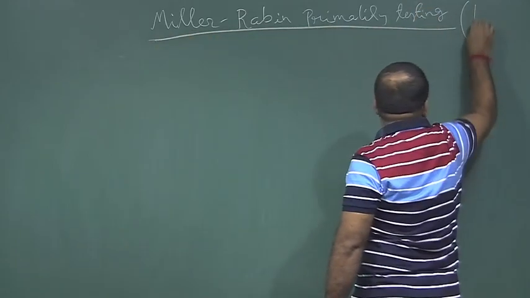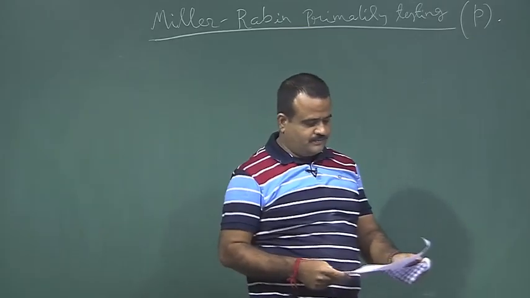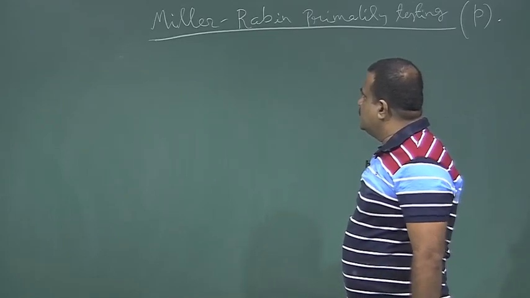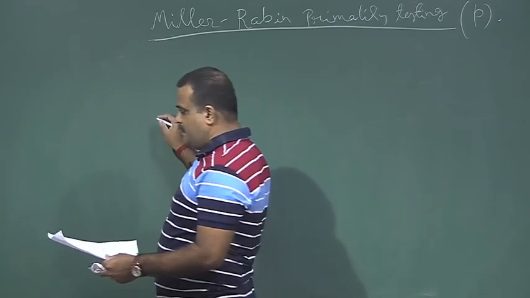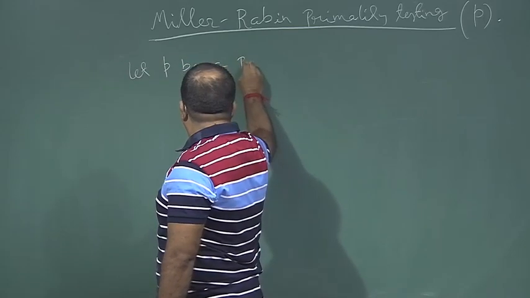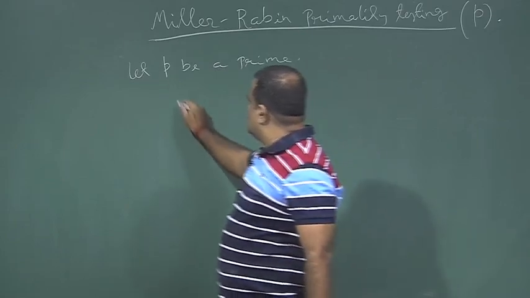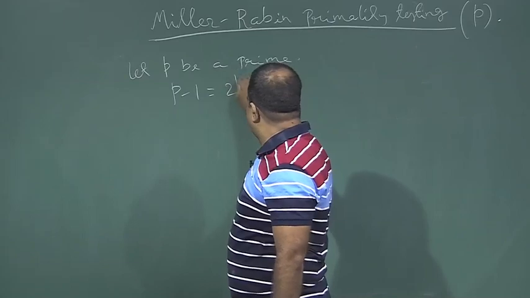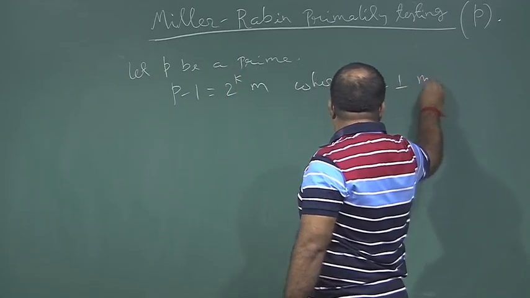So, we have an odd integer p, and we want to check whether p is prime or not. The idea of this test is, p is an odd integer. If p is prime, then p minus 1 must be even, and that should be written as 2 to the power k into m, where 2 and m are relatively prime.